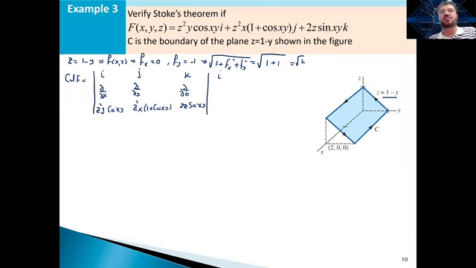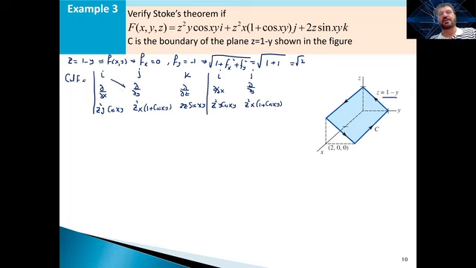We take the first column out, d over dx, and then z squared y cosine xy, j d over dy, z squared x (1 + cosine xy).